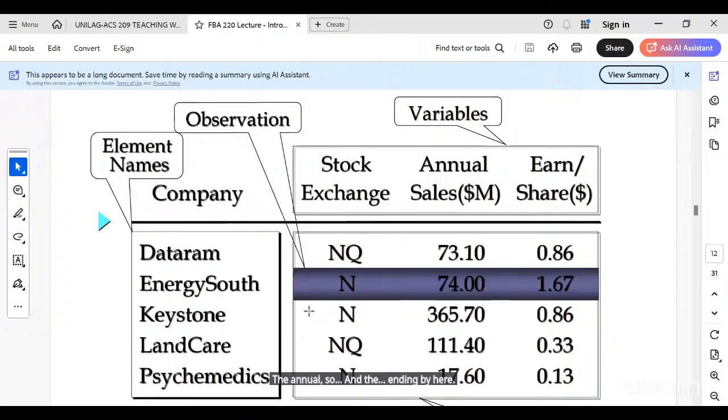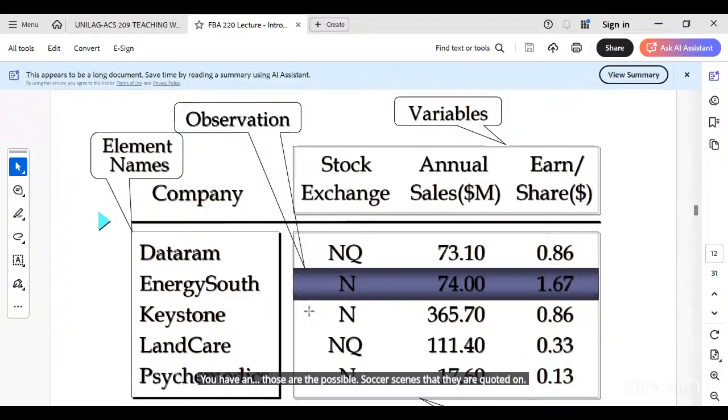Those are the variables. And what are the elements? The subject matter. The subject matter are the companies that you want to collect the information on. And what information have you collected? They are your observations. So you have your NQ, you have N. Those are the possible stock exchanges that they are quoted on.